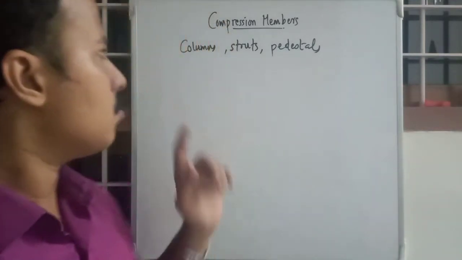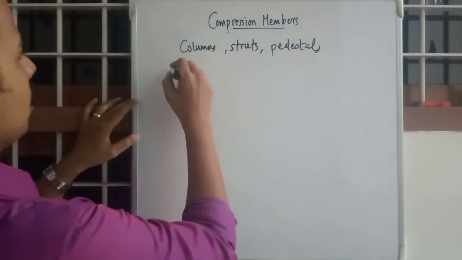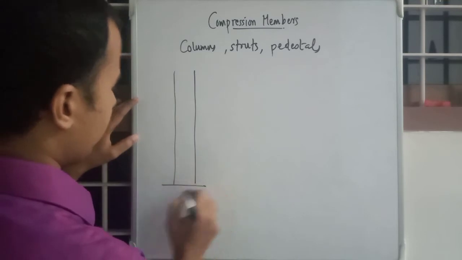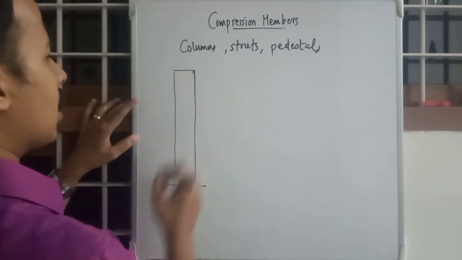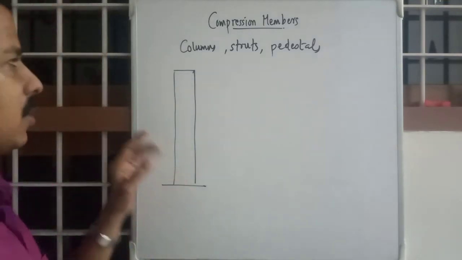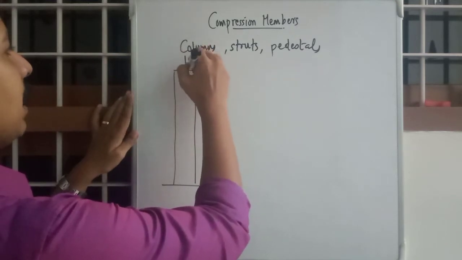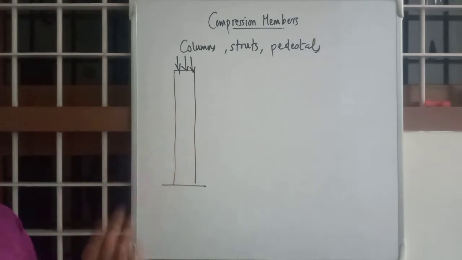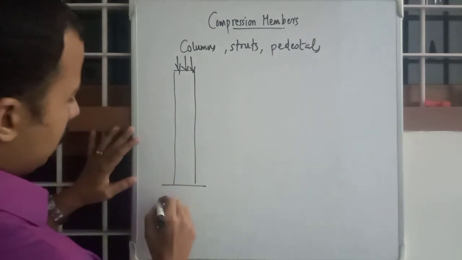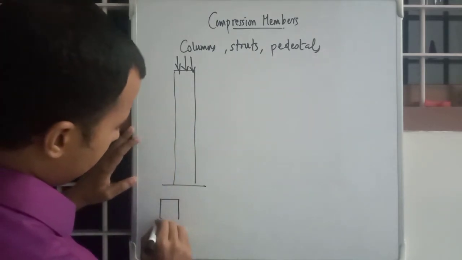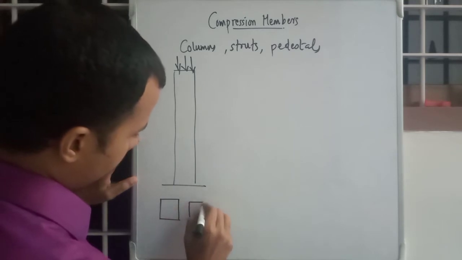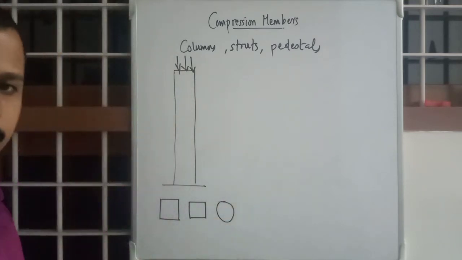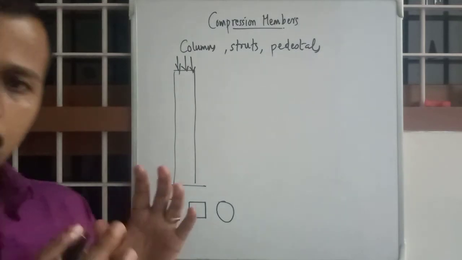So columns are just a lengthwise structural element which takes compression mainly. This is a typical column. Its cross section can be rectangular, square, or circular.